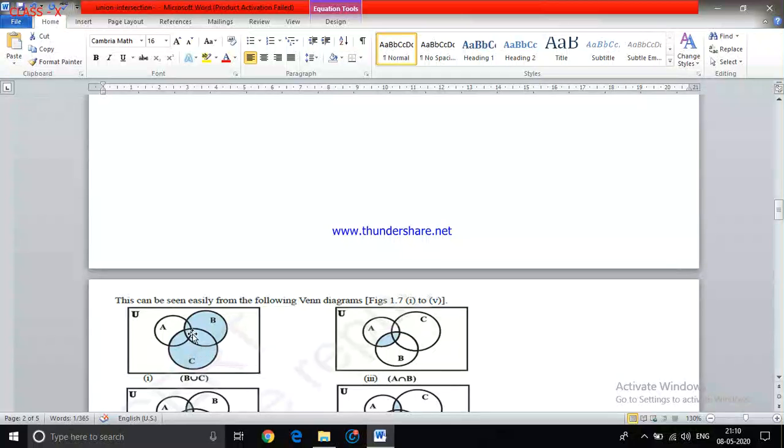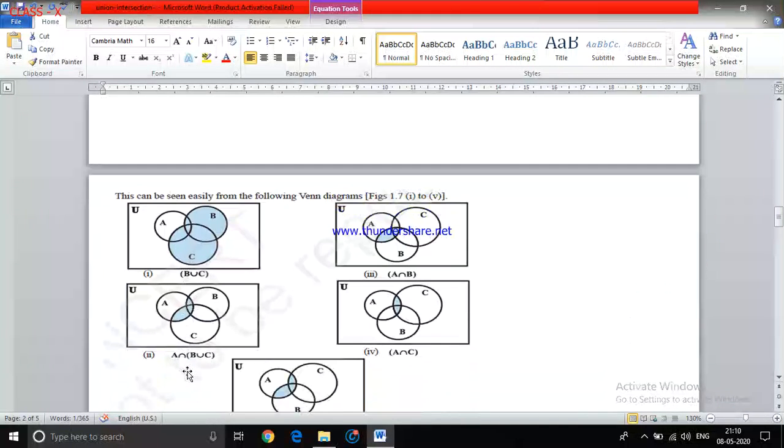If you observe here, this part, first, second and then third. Only this part will be common with A. So that is the part of A intersection (B union C).